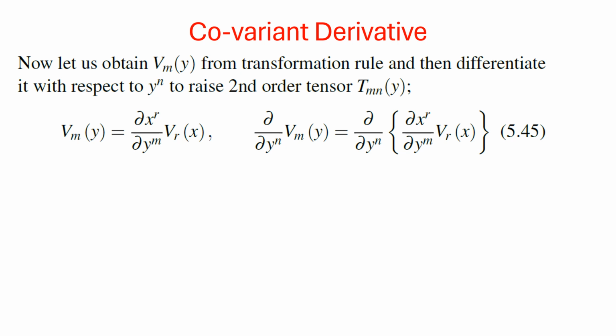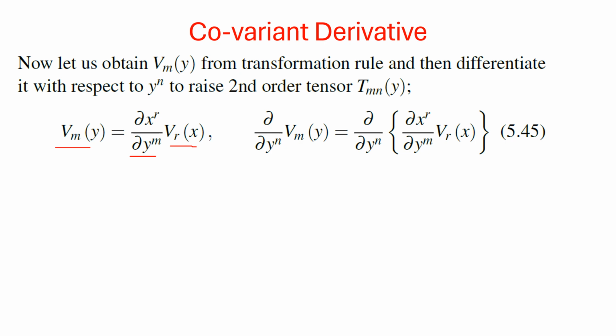So when we are taking the derivative of a tensor, we have to be a little careful when we differentiate this Vm, which is actually the object composed of one partial derivative into this v of x r.